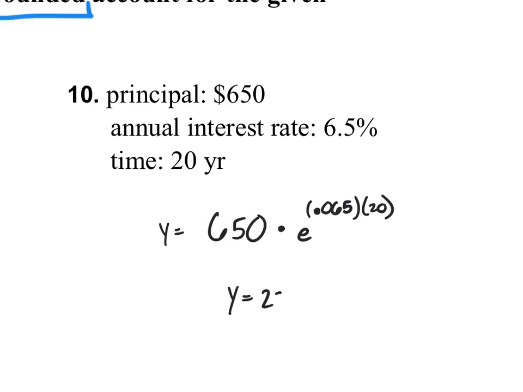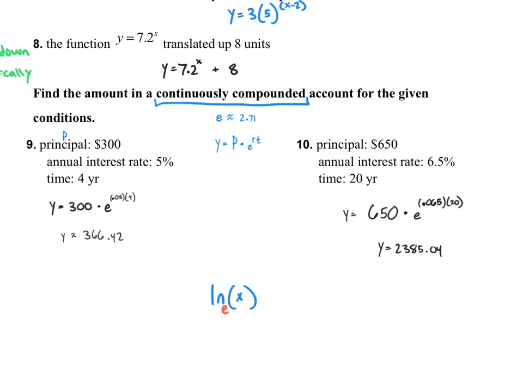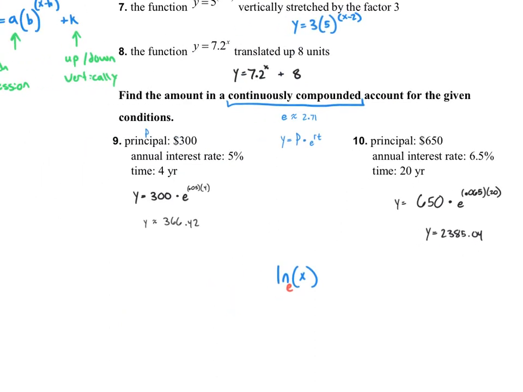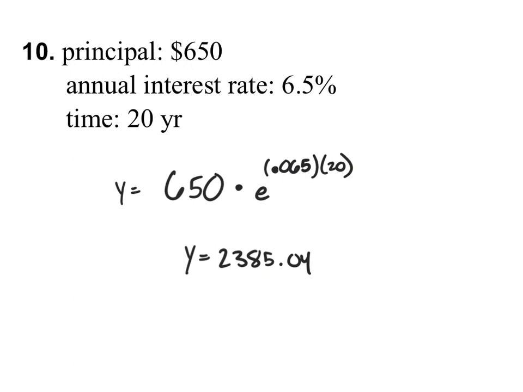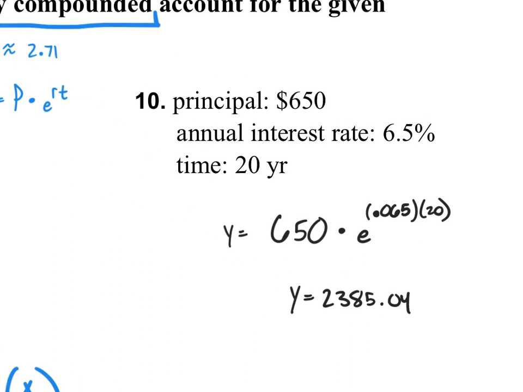So this one grew quite a bit more than that previous example. That one went from 300 to 366. This one went from 650 to thousands. And we had covered previously that time is one of the biggest components of making money if you're going to be investing. That's why you have to work a long time to retire.